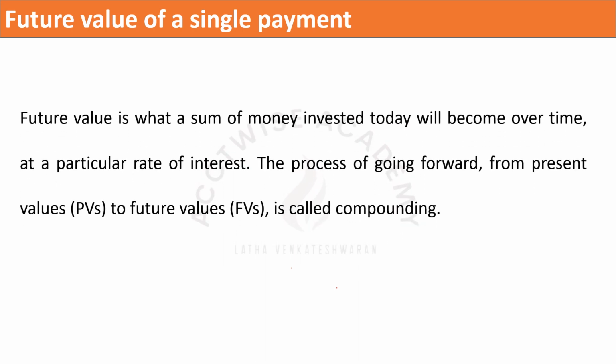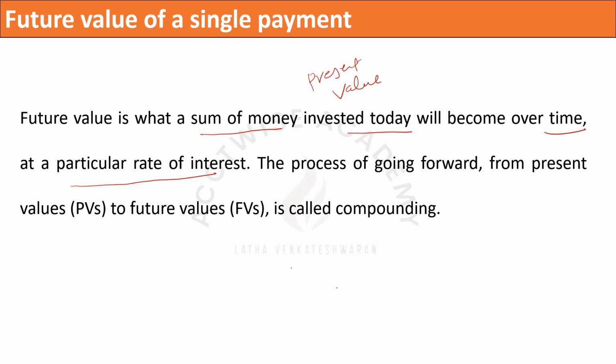Let us see. Future value is what a sum of money invested today will become over time at a particular rate of interest. Sum of money invested today means what? This is the present value. Will become over time.